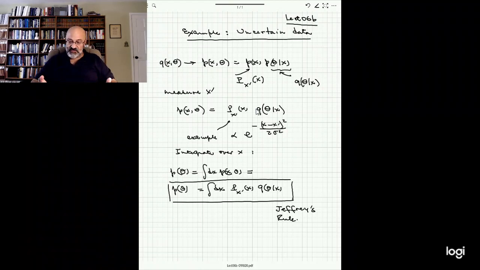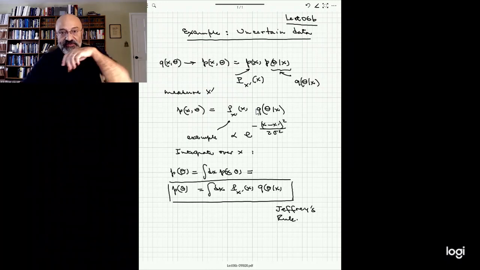Of course, physicists and experimentalists of all sorts have used rules of this type because they're so obvious for a long time. It is interesting, however, look at this.